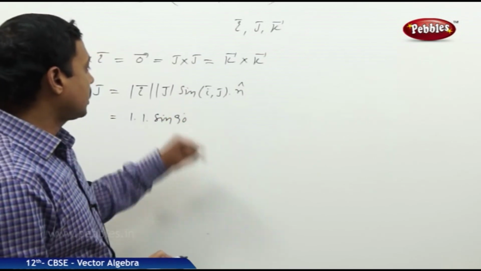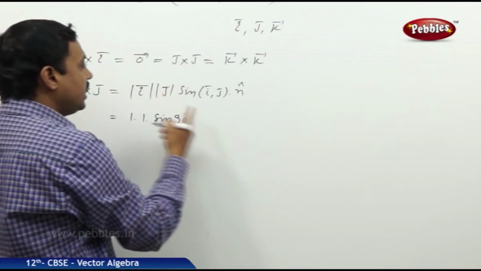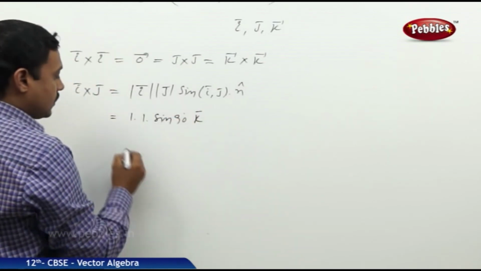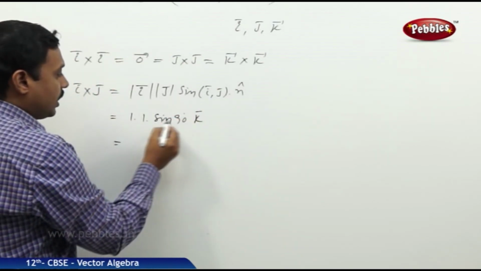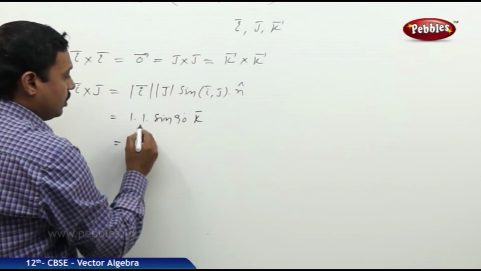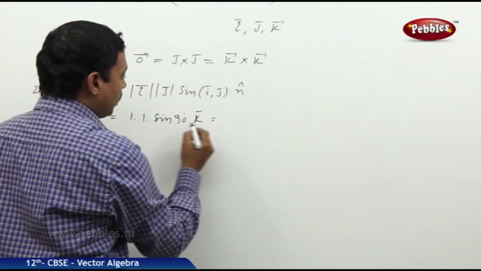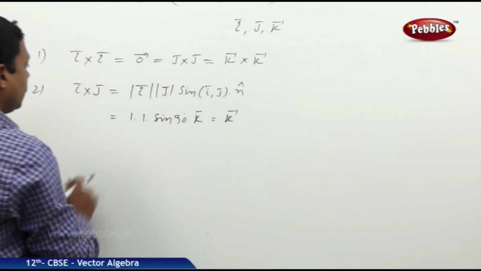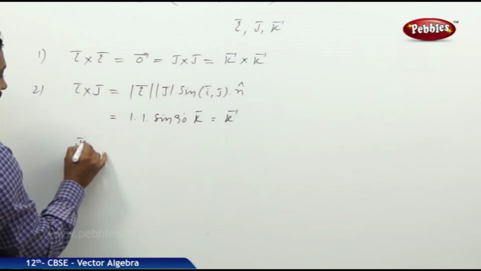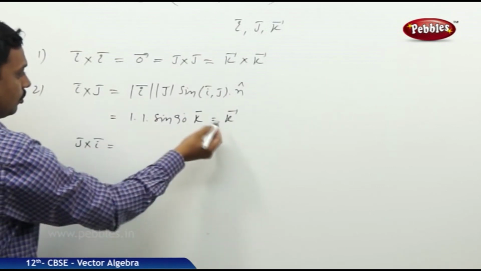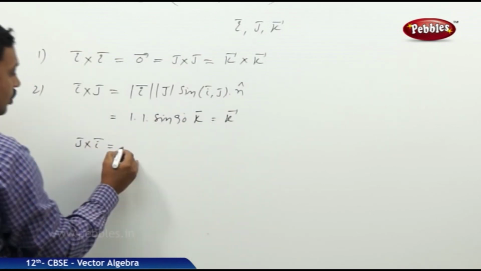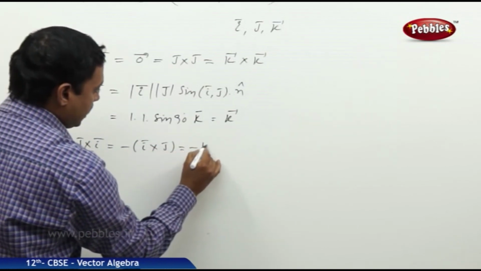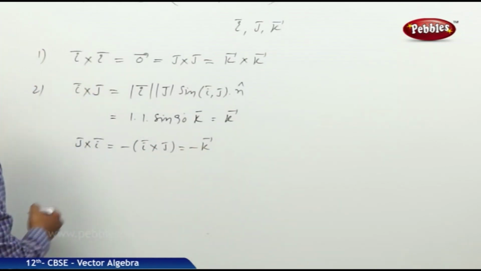The unit vector that is perpendicular to I and j in the right-handed system is k bar. Therefore, 1 into sine 90, whose value is also 1, into k bar equals k bar. In the same way, j cross I is equal to minus of I cross j. Hence, it is equal to minus k bar.